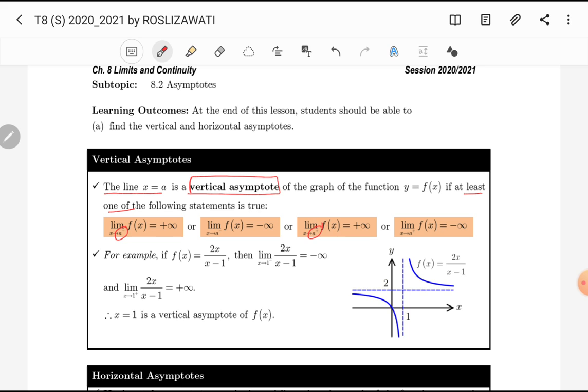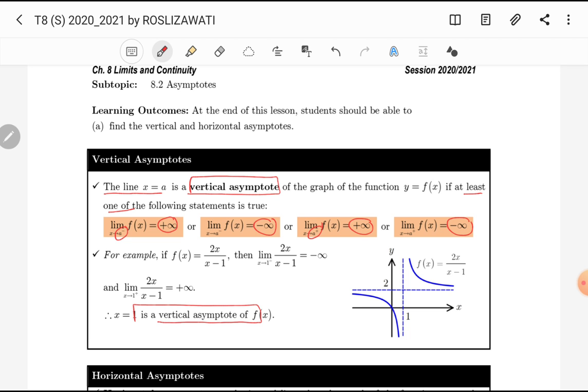So, bila awak check a positif or negatif, jawapan dia ada yang dapat dalam bentuk infinity. So, bila ada dapat bentuk infinity jawapan dia, ini namanya infinite limit. Okay. So, bila dapat jawapan dia infinite limit, so kita boleh concludekan that the number is a vertical asymptote.